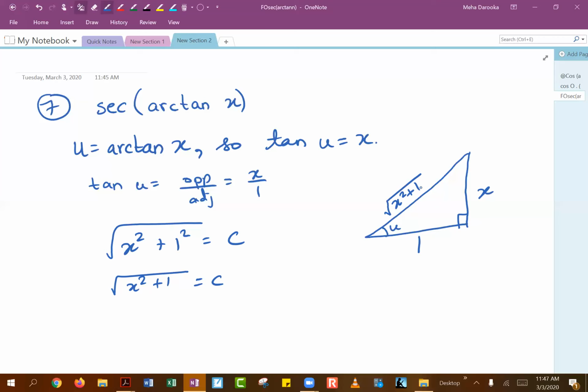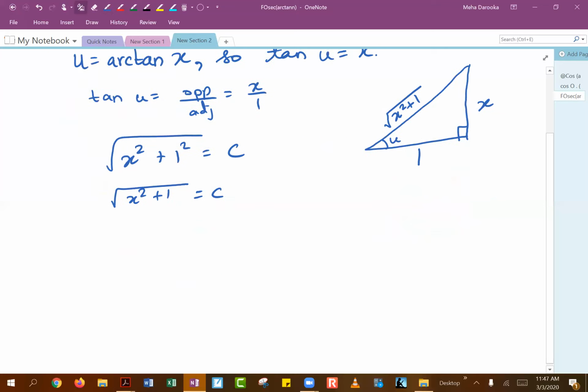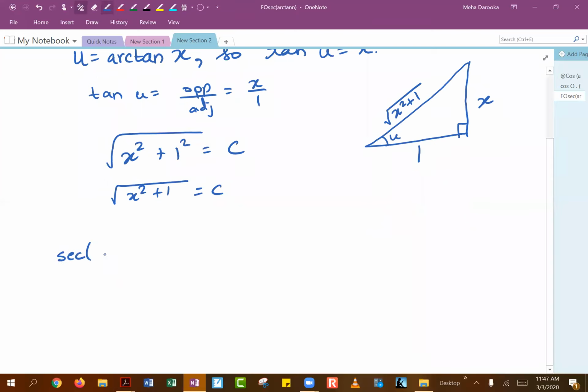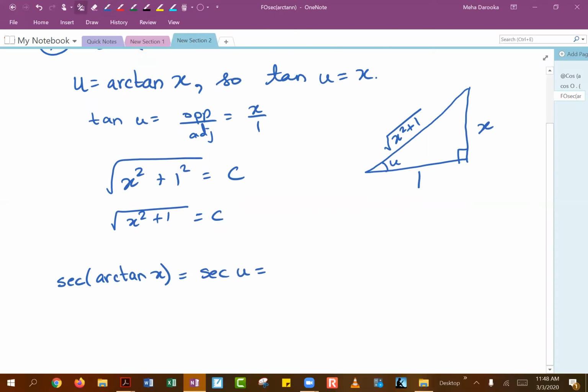Okay, so now we know, using this triangle, how can we come up with that secant function value? So again, you can write that as secant of u. And how do you define the secant function? 1 over cosine.